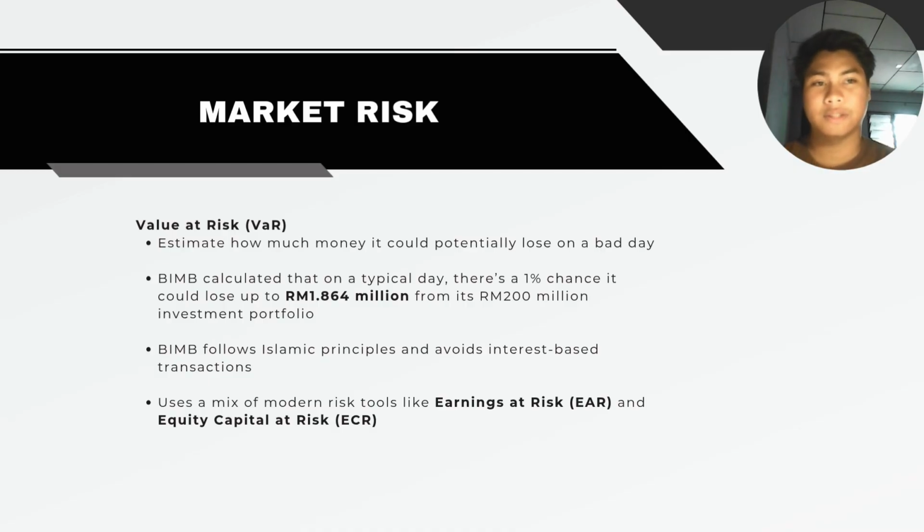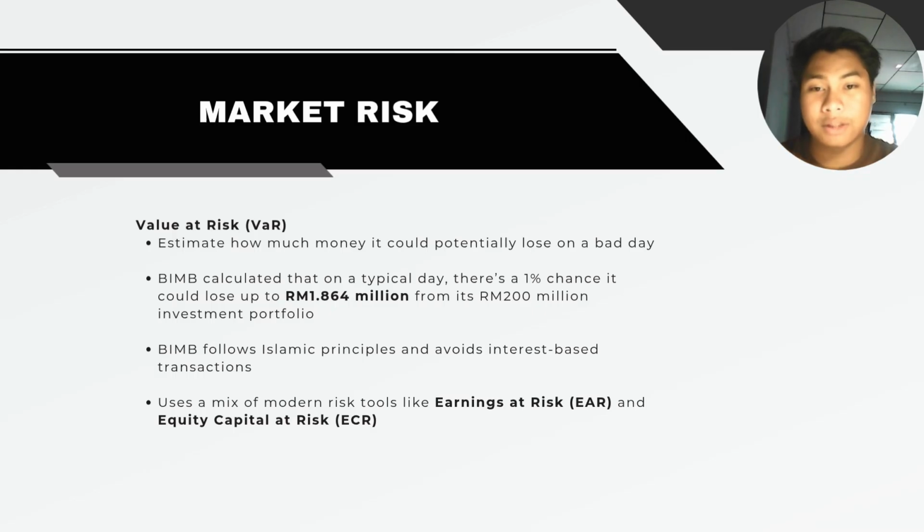Market risk is the chance the bank might lose money due to changes in things like profit rate, which we call the Islamic alternative to interest, foreign currency value, sukuk price or even commodity price. These changes can affect how much the bank can earn and how much its assets are worth.